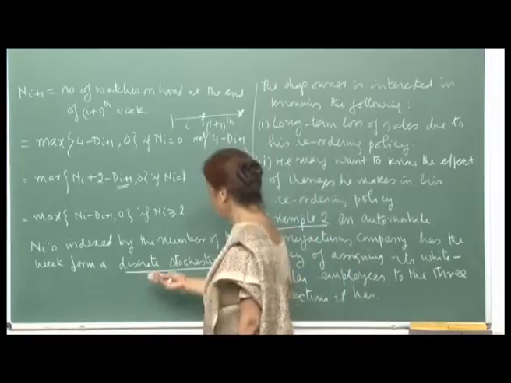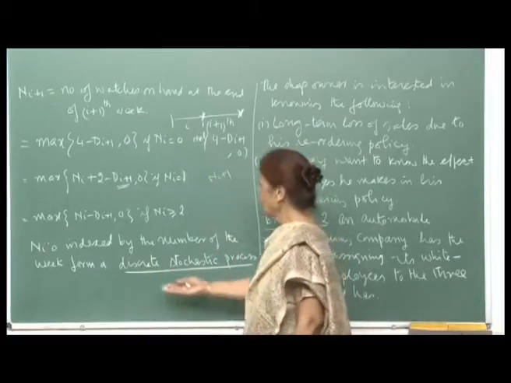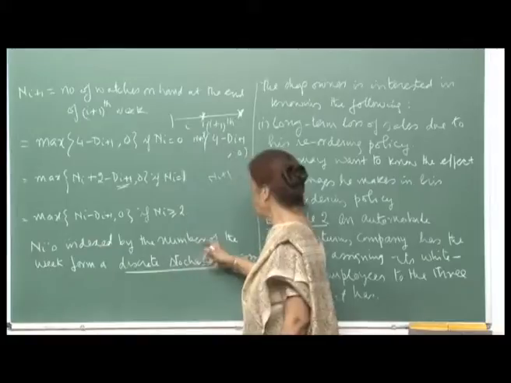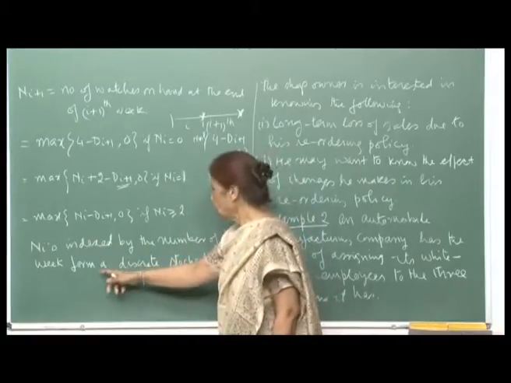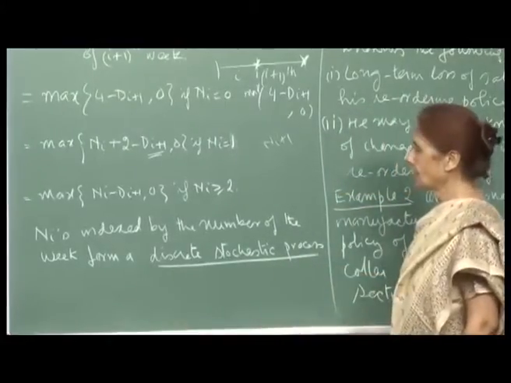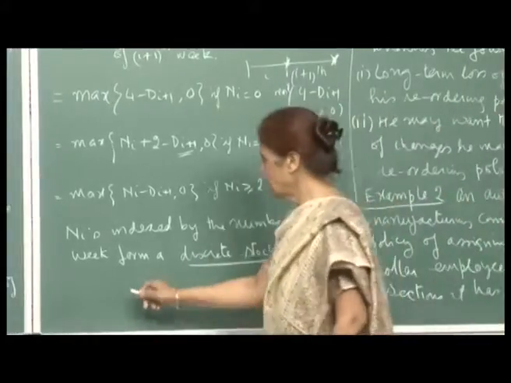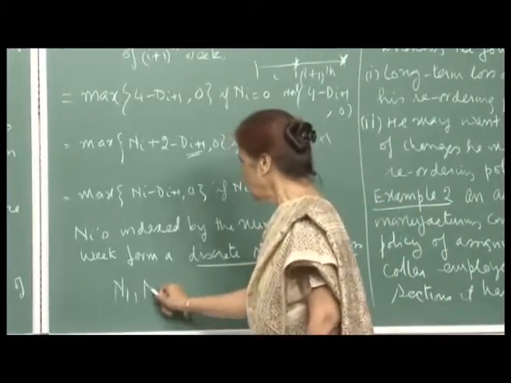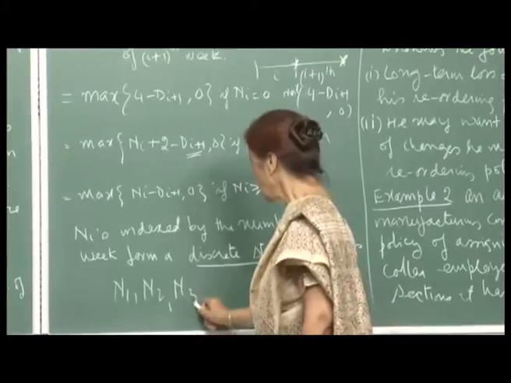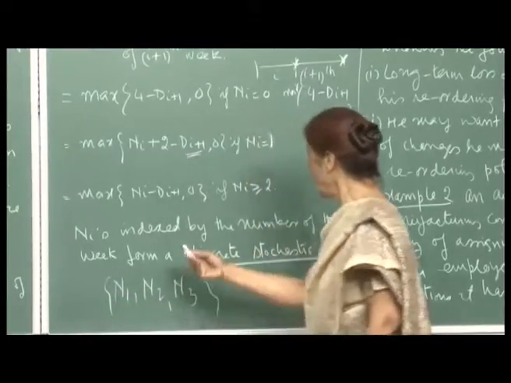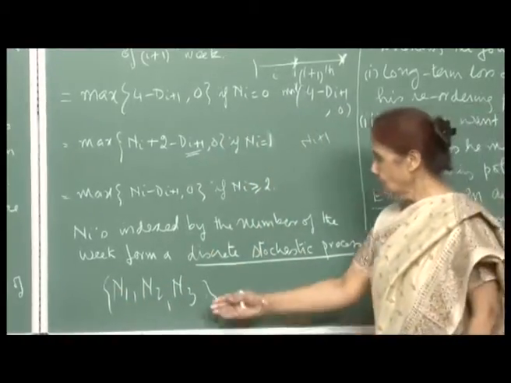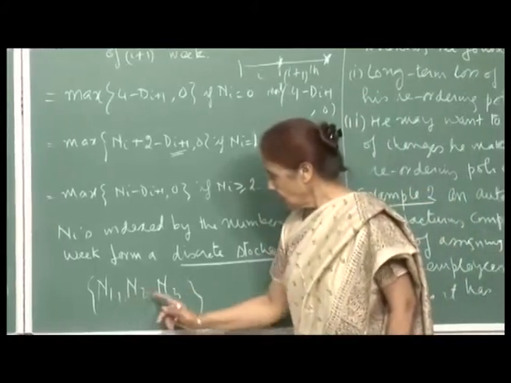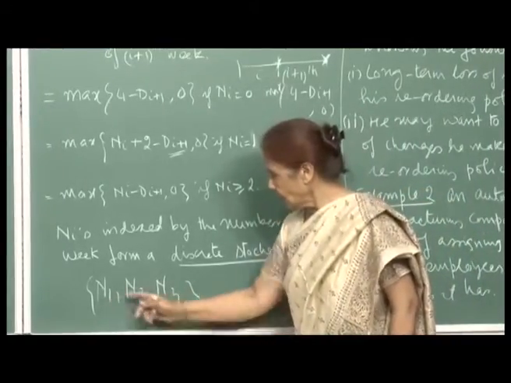Now I can give you a definition here saying that ni's indexed by the number of the week form a discrete stochastic process. So, when you take these n1, n2, n3, these are 3 random variables and they form a process. See, the thing is that you are giving them an index which is discrete.